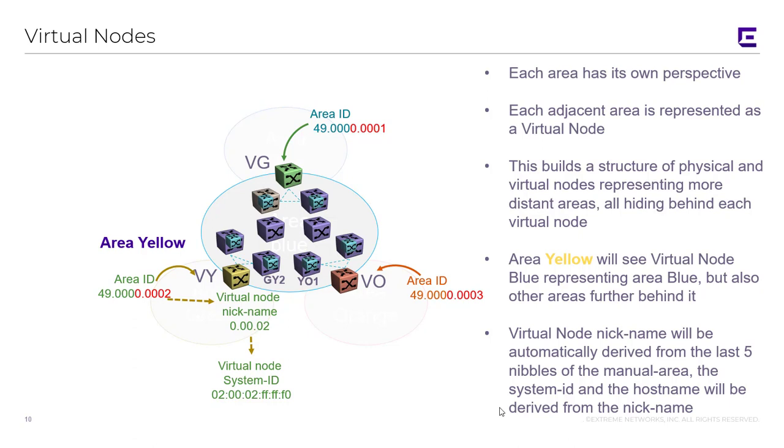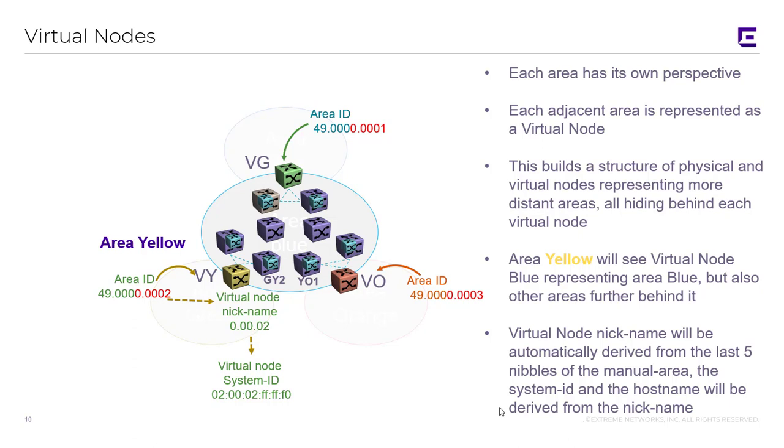Each area has its own perspective, and each adjacent area is represented as a virtual node. So this builds a structure of physical and virtual nodes, which are obviously the ABNs and then the virtual nodes themselves, representing more distant areas. And they're all hiding between each virtual node. So when we look at this, area yellow will not only see virtual node blue, representing area blue, but it will also see other areas further beyond it.